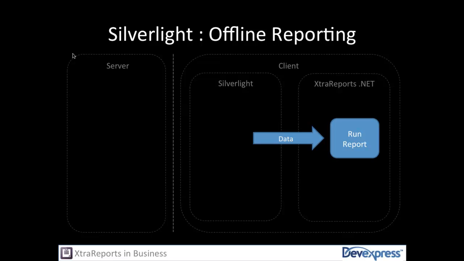So the user would be in their Silverlight application, pull down data, turn off their wireless connection and their 3G connection. They could be in a bomb shelter or some concrete building where there's no connection at all, and as long as they have their data in memory, they are able to have a small little .NET runtime.